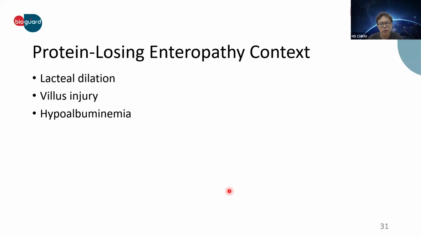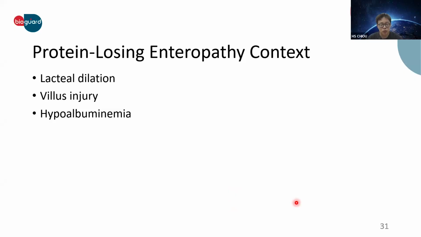In those with protein-losing enteropathy, structural changes become especially important. Findings like lacteal dilation and significant villi damage can directly contribute to protein loss. In the study population, some of the more severely affected dogs showed hypoalbuminemia, even ascites. Now, can histopath precisely predict albumin level? No, not exactly.